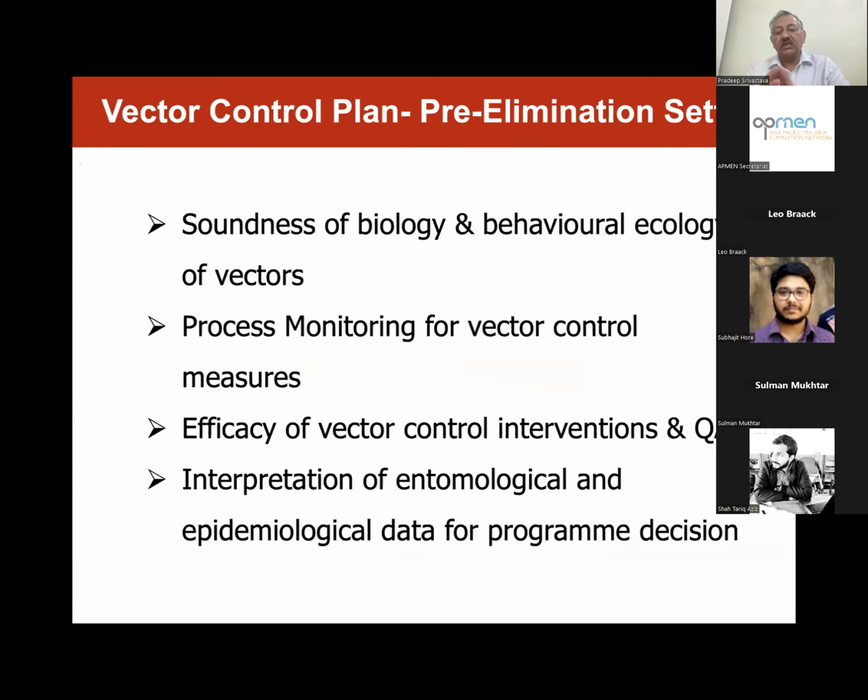You should know the efficacy of whatever tools you are using, what the quality assurance is, and whether your quality assurance mechanism is in place or not. All these things should be part of the plan, and how you are going to do it. And how are you interpreting the entomological and epidemiological data? So your reporting inputs, your analysis in between, and your feedback mechanism, that kind of bridge should be established, and how you will do it should be a part of your vector control plans.